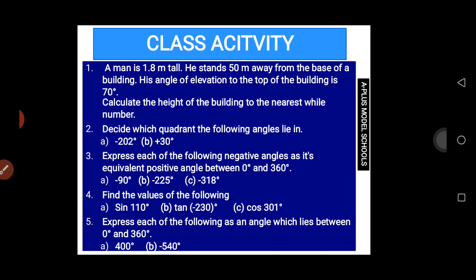So you state if these angles are positive or negative angles. Then question 4, find the values of the following, sine 110 degrees. So you give us the value. Then the last question, express each of the following as an angle which lies between 0 and 360 degrees.